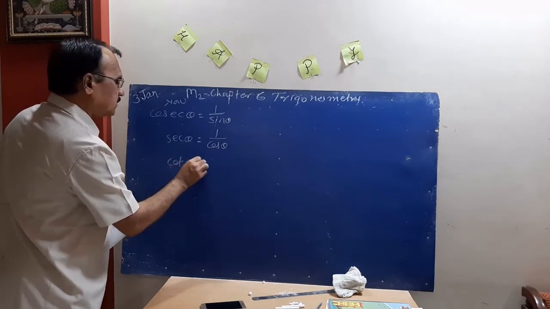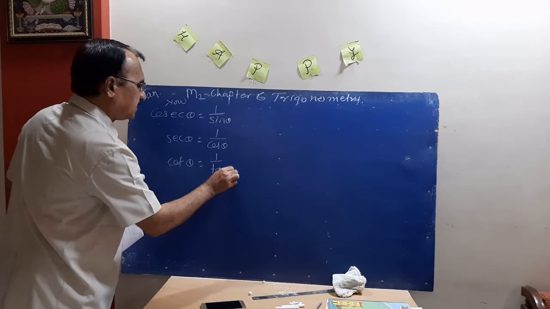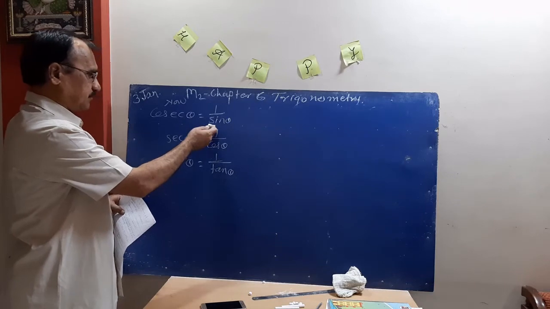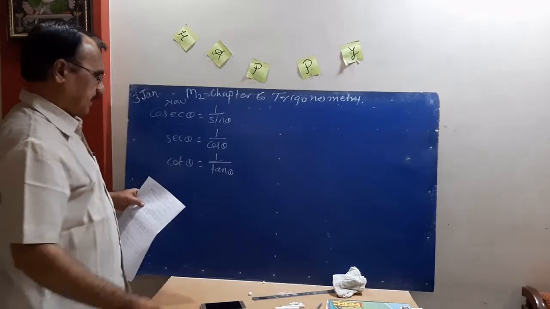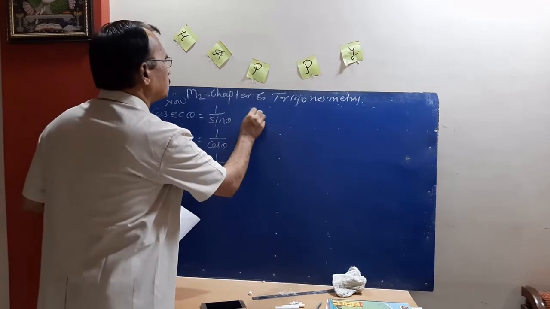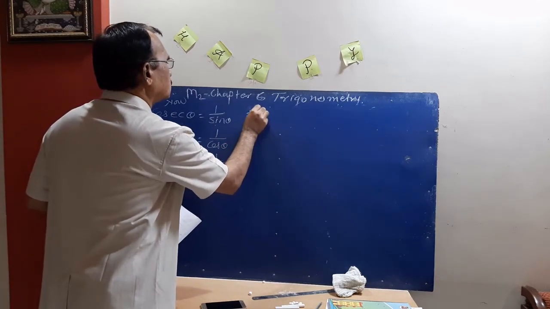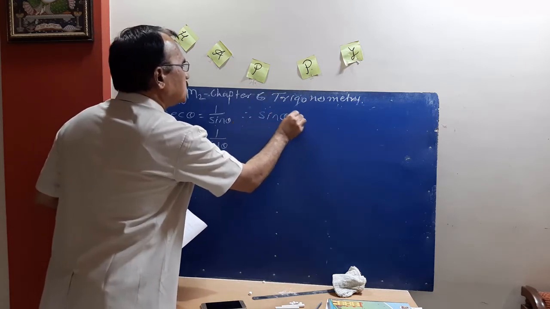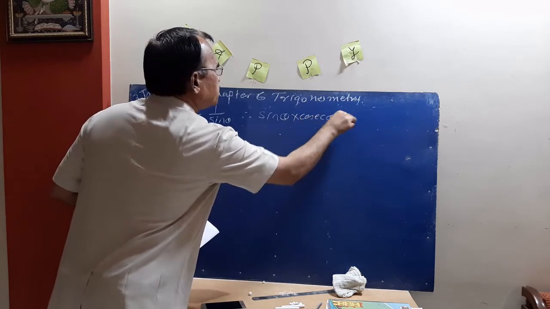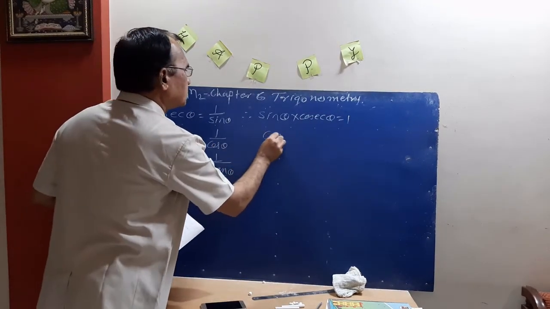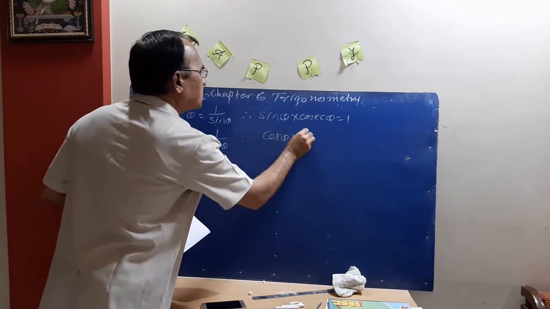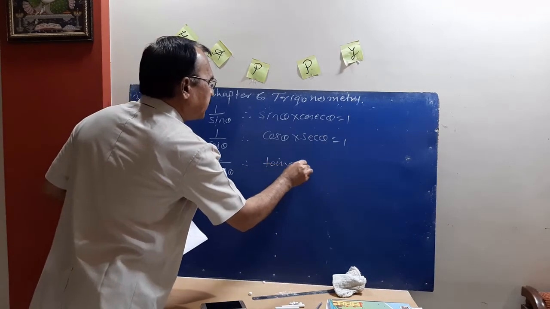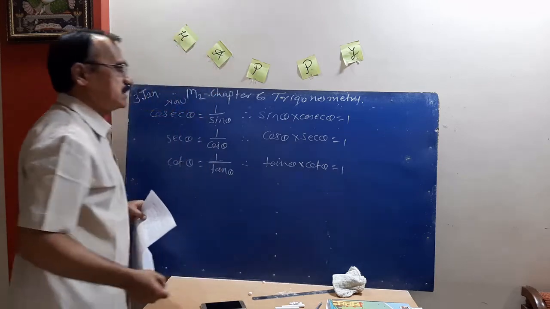And cot theta is equal to 1 upon tan theta. After cross multiplication, we write sin theta into cosec theta is equal to 1. Cos theta into sec theta is equal to 1. And tan theta into cot theta is equal to 1.